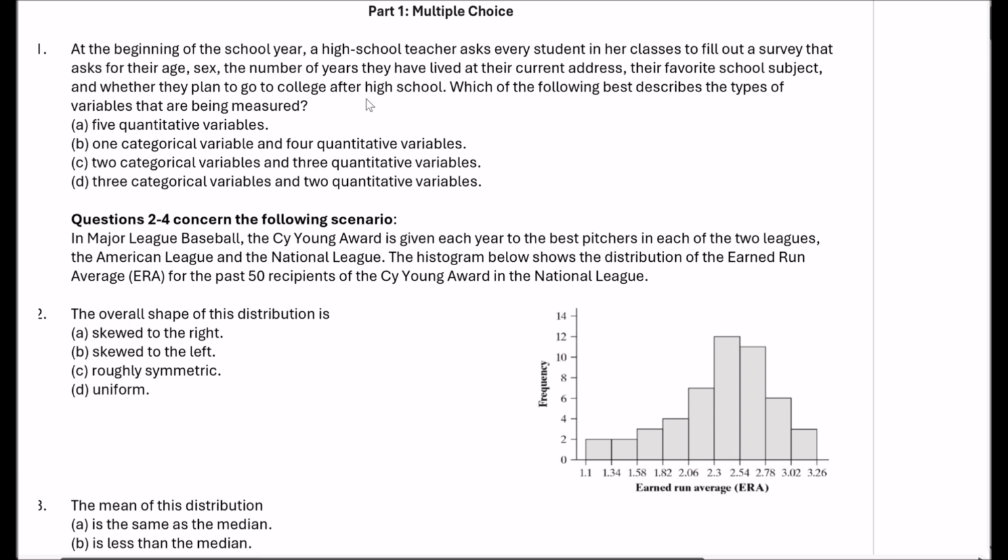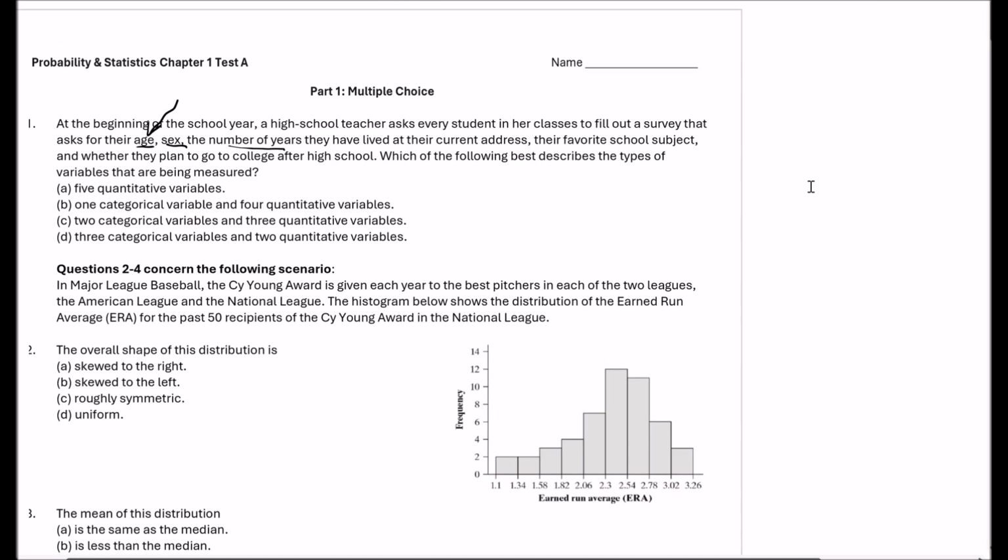So let's take a look. We have their age, which is quantitative, so it's something measurable, right? The sex is a label, so this is categorical.